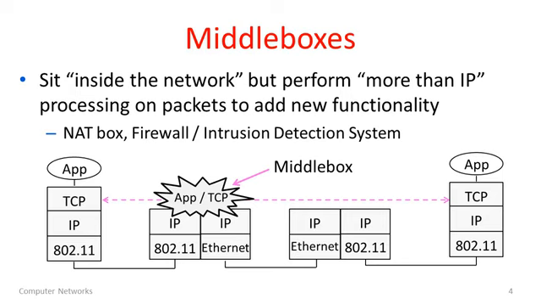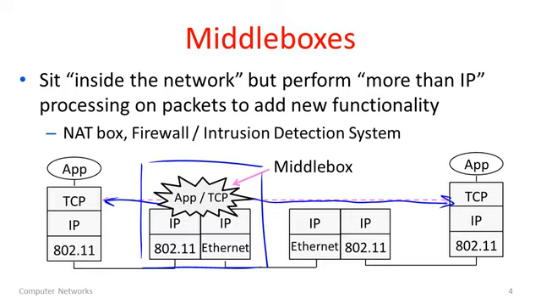So in some way they're doing processing on packets which would logically belong at the host on the edge of the network. And I've tried to draw it just on this device here in a router. I don't know how to draw a middle box in our diagram because it doesn't really fit. You can see here I've drawn that it's interfering with this data flow somehow between the sending TCP and the receiving TCP. It's mucking it up.